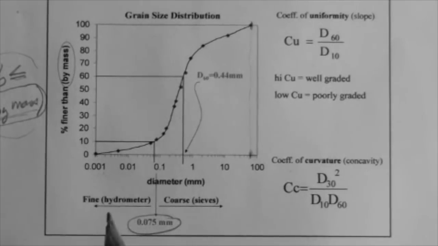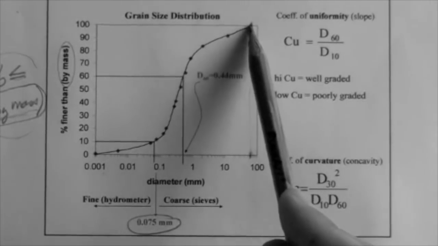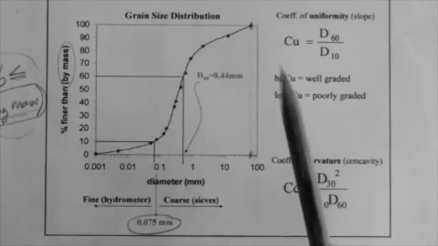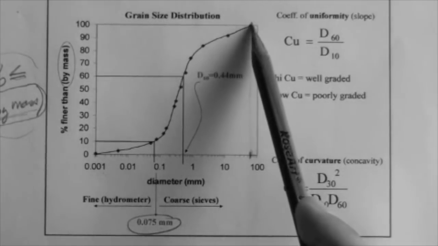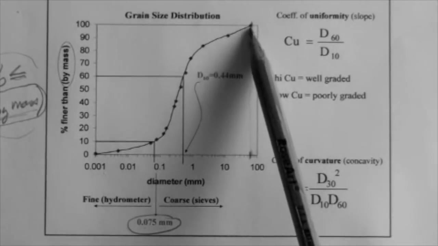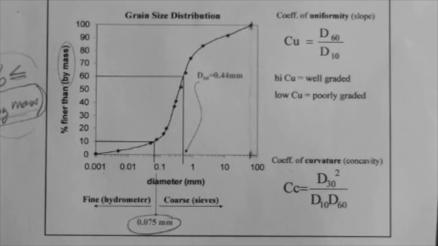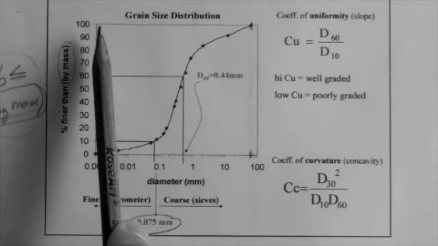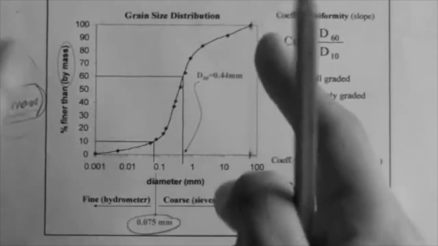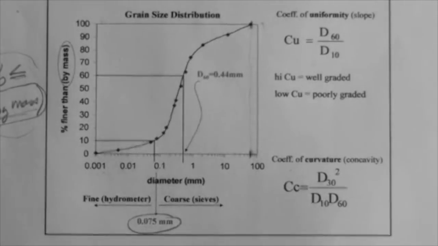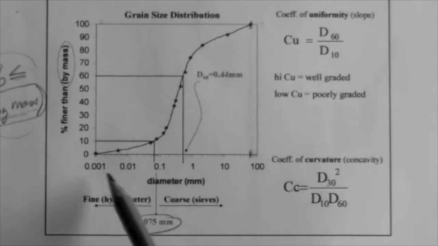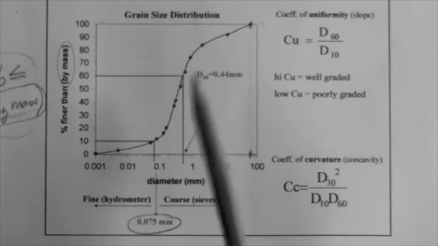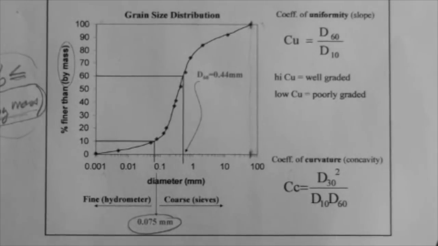There's at least one clay particle in our soil, and at least one huge gravel particle, 70 millimeters, which is 7 centimeters in size. That's about this big. So that's not huge actually, but it's a large size for a soil. So what we have here is a soil that has clay, silt, sand and gravel. It's a mixture of all soils.